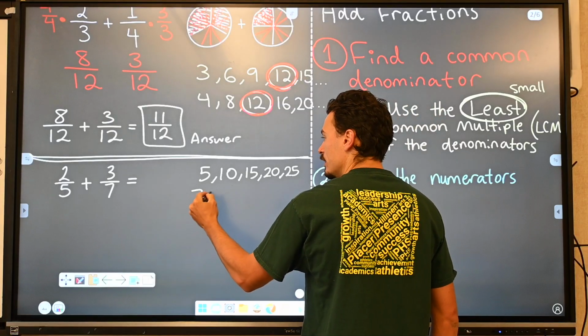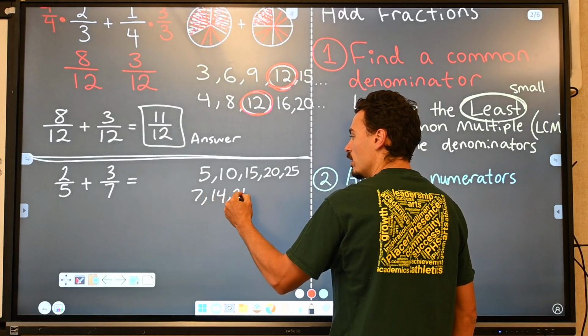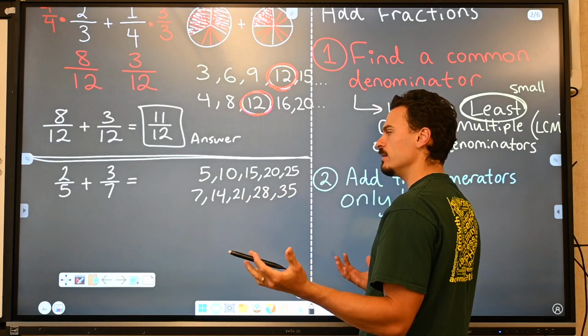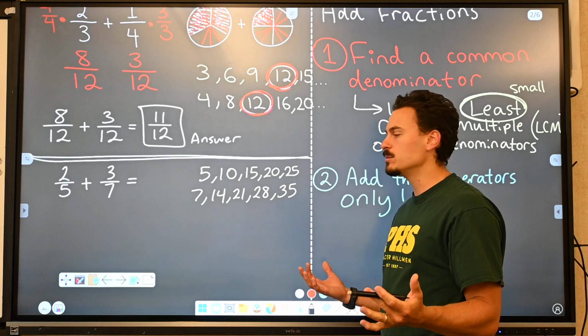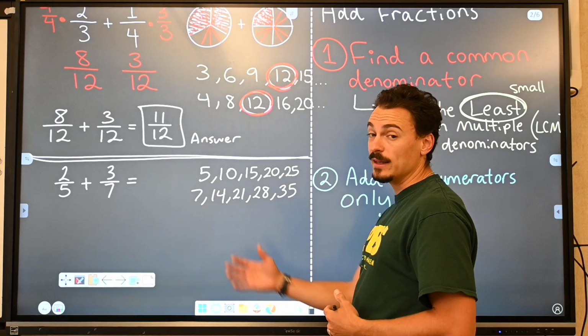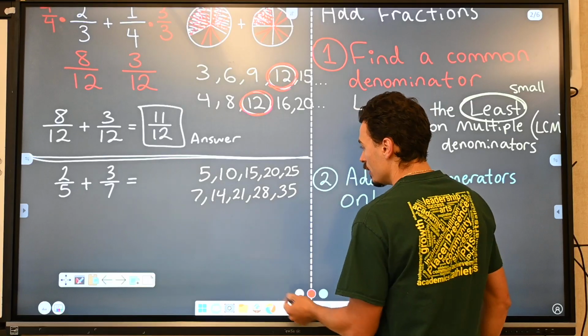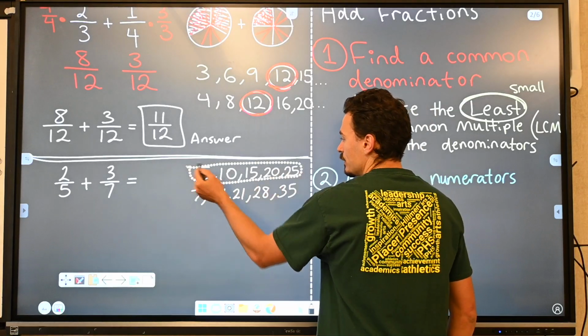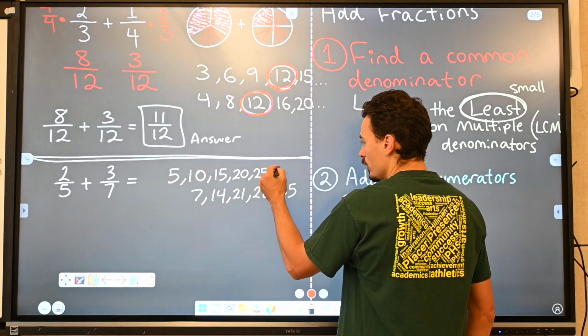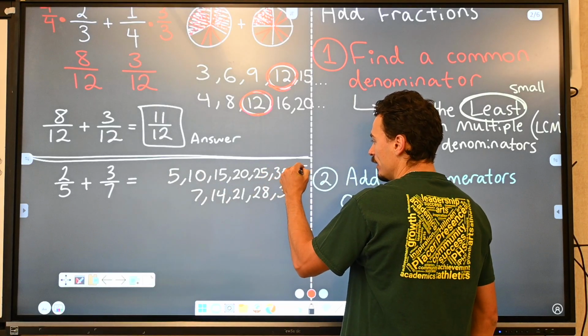We have 7, 14, 21, 28, 35, and unfortunately, we don't have any common multiples. So in our 2 lists, we don't have any common multiples. What that means is we need to keep going with our list. So I'm going to take this list, and I'm going to make it longer. 30, 35, and there we go.